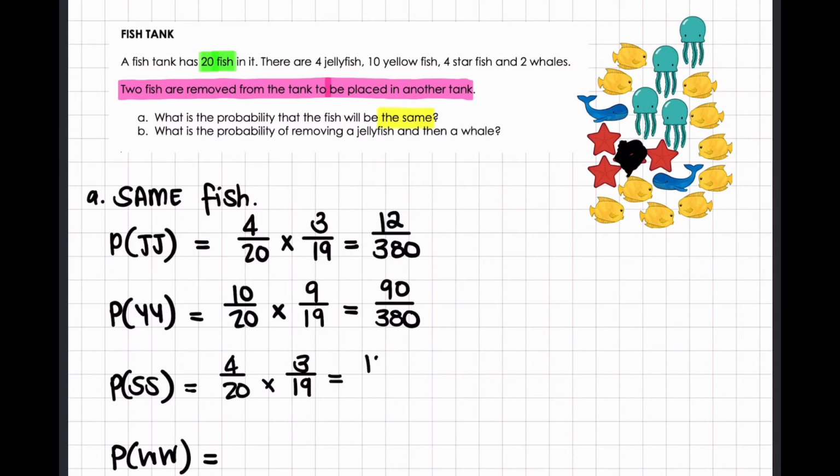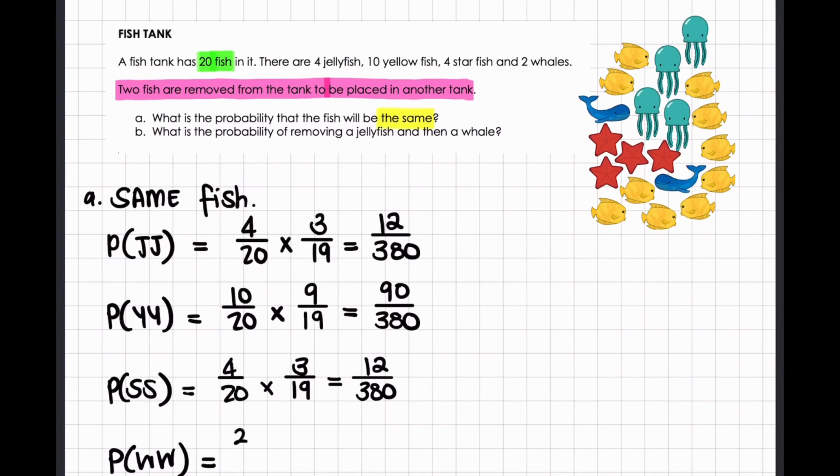So I have a 12 out of 380 chance or probability of picking 2 starfish in a row. If they were both whales, so I have 2 whales to start off with out of 20 fish in the tank. Now, if I were to get rid of this whale, I'd be left with 1 whale out of 19 fish left over, and that gives me a probability of 2 over 380.